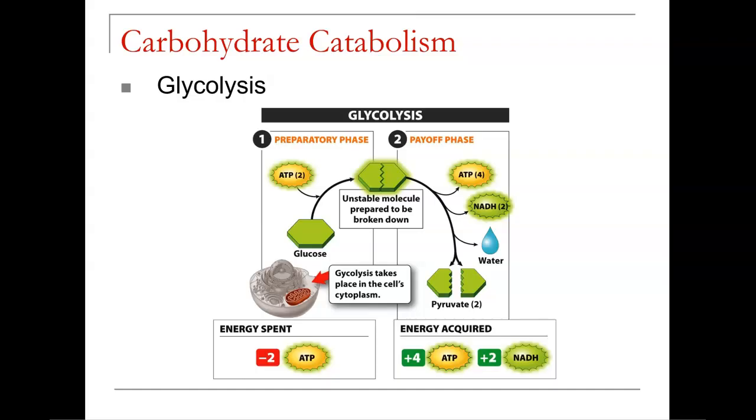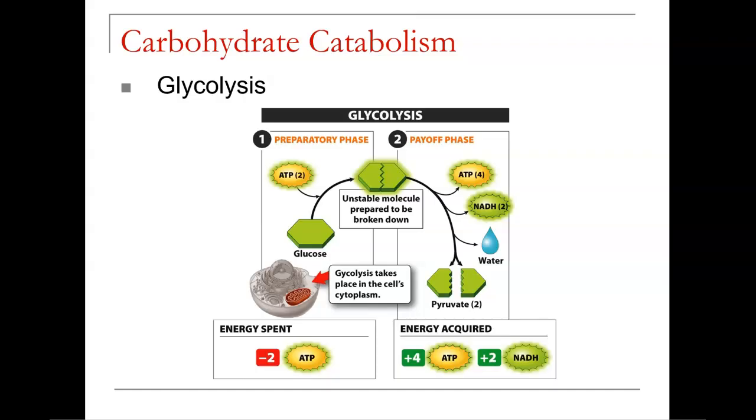You get a net gain of 2 ATP because remember it's 4 total, but 2 have to go back and start the next glycolysis. And then you'll get 2 NADH molecules. And we just talked about that. That's your high energy electron molecules. And so this is going to be represented in our format that you see down there. You see it starts off, we have 2 ATP that have to go in and start this reaction.